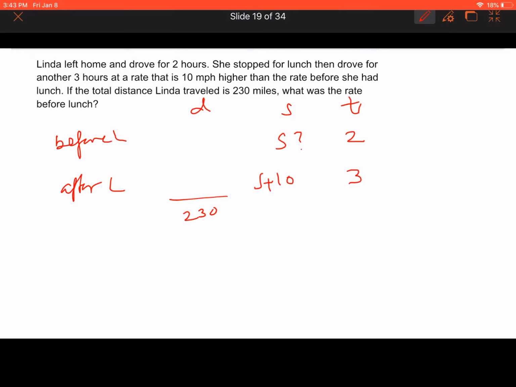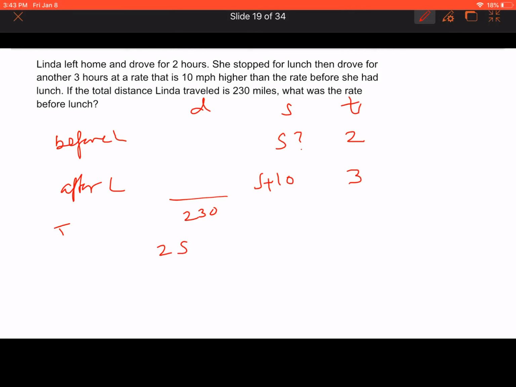Okay, so it's simple. If we add the two distances, that is the 230, right? So how to find the distance of this and this? Okay, so we can write d1's distance, that is before lunch, it is 2s, right?